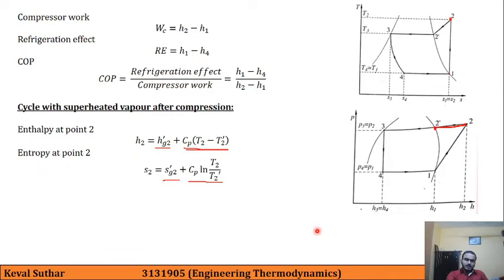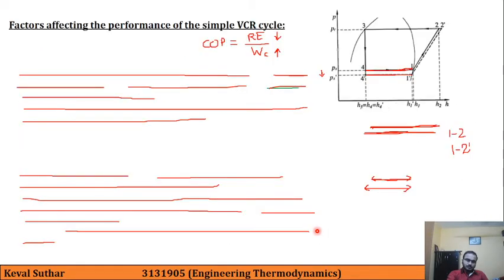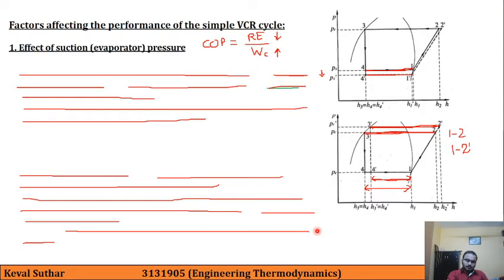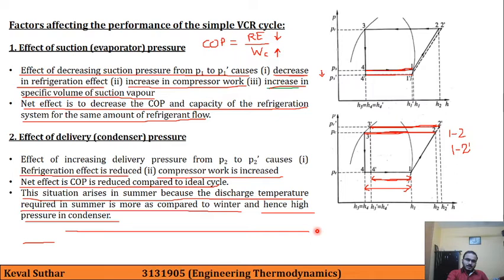And these are the corresponding values of enthalpy and entropy at point number 2. Now these are the factors affecting the performance of the simple VCR cycle.